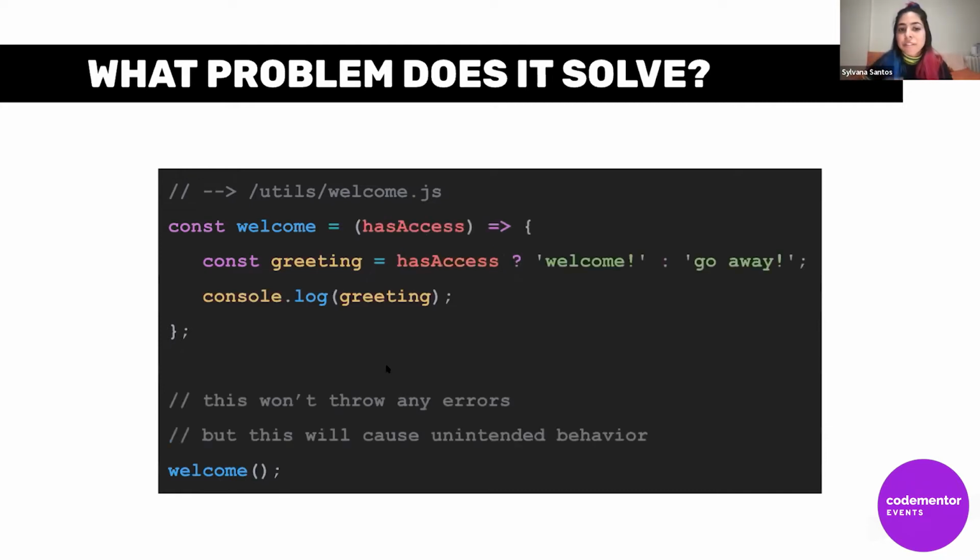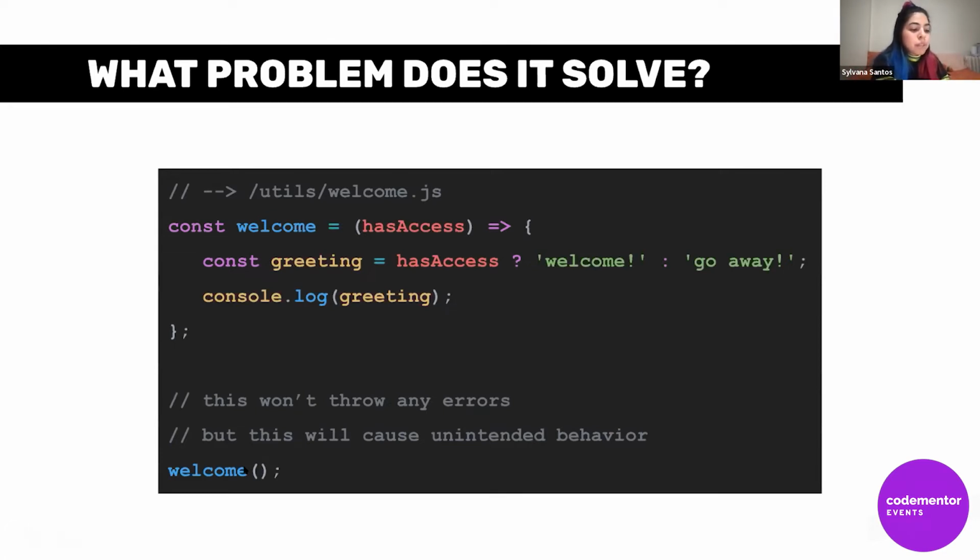But let's say further down the line, an engineer comes along and they refactor our welcome function. And so they add this new parameter called has access. And depending on whether has access is true or false, we'll either log welcome or we'll log go away, a very aggressive message. So somewhere in our code, we have called welcome and our engineer who refactored our function forgot to update that use case.